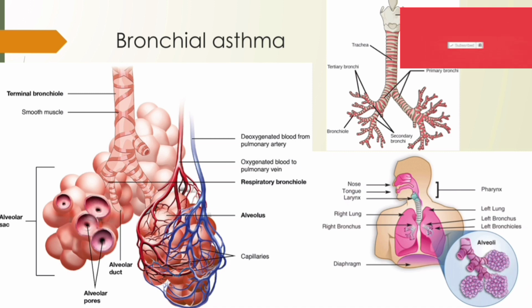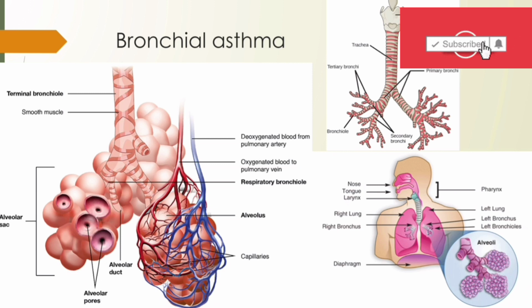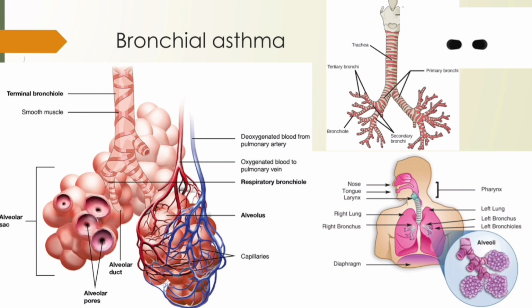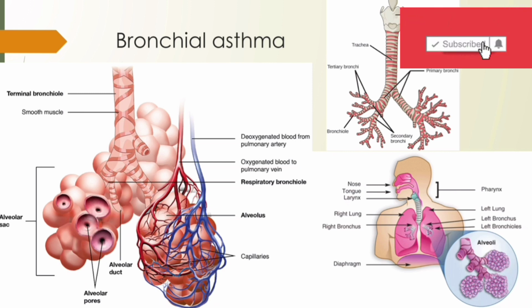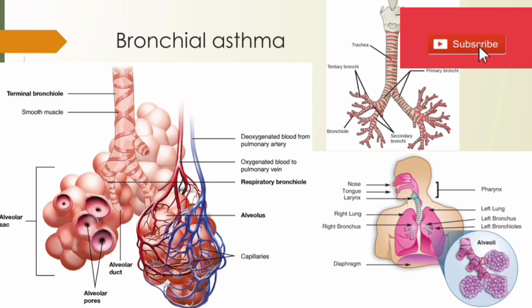In bronchial asthma, the lungs contain millions of air tubes or airways called bronchi and bronchioles, which we have seen in the respiratory system introduction, which bring air in and out of the body, right? These airways have a layer of smooth muscle in their wall, which enables them to constrict or dilate.